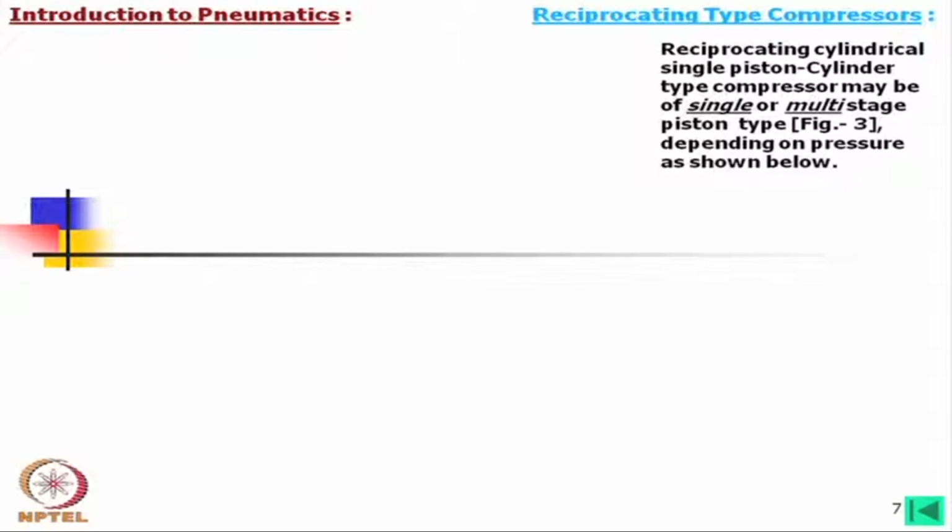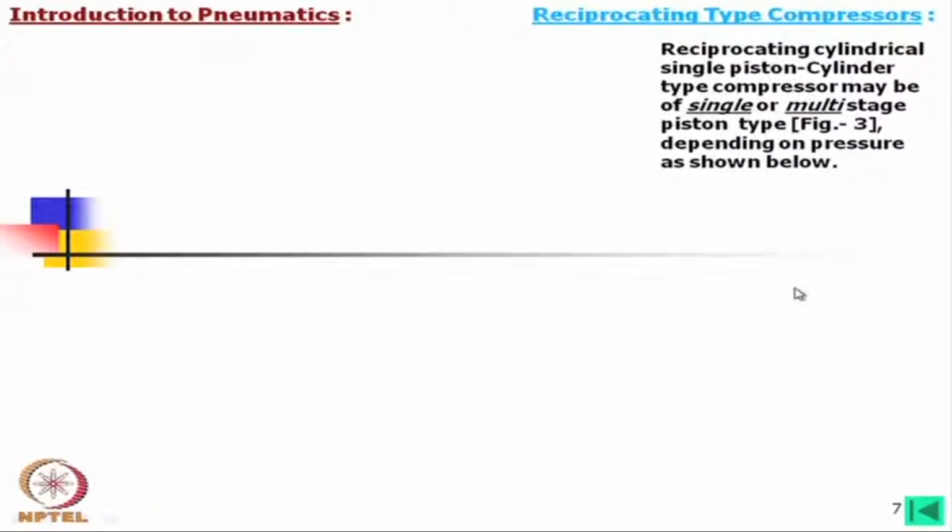This means that single means, suppose there are 2 pistons, that may not be 2 stage, only 2 pistons are being used and they are compressing the air at the same pressure. Whereas, you may find 2 pistons that are 2 stage, that means in the first stage one piston is compressing the air, and in the second stage the other piston compresses that air.